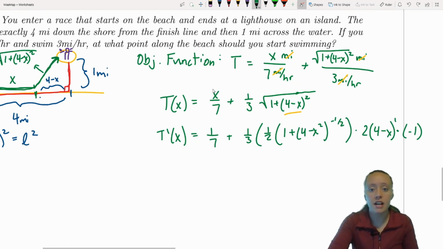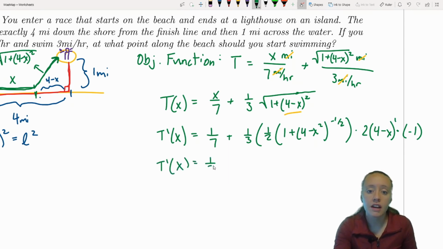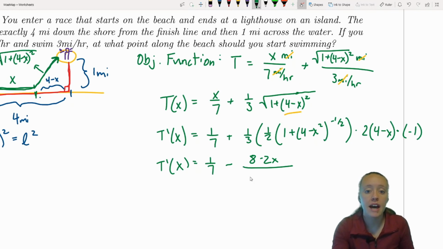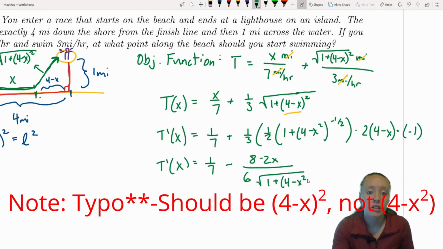So simplifying this down, my t prime of x is going to equal 1/7 plus, or really, because I have all of this multiplied by a negative 1, 1/7 minus, what's left in my numerator is 2 times (4 minus x), which is 8 minus 2x, all over 1/3 times 1/2, that's 1/6, so all over 6 times the square root of 1 plus (4 minus x) squared.